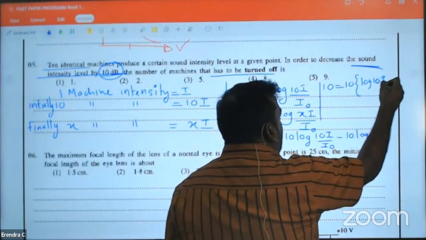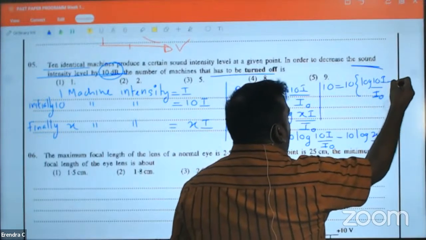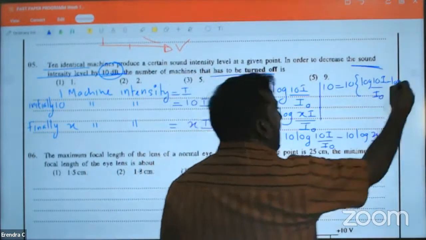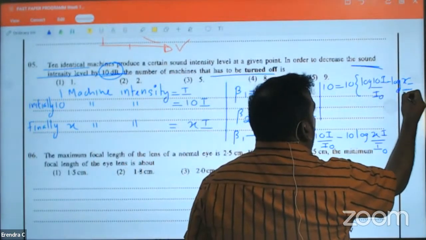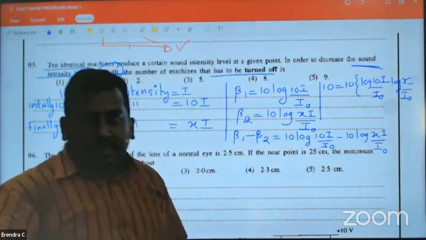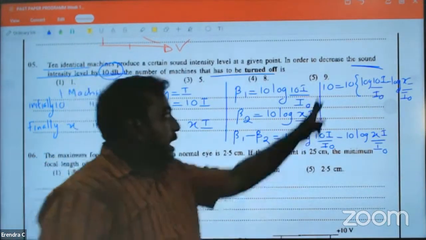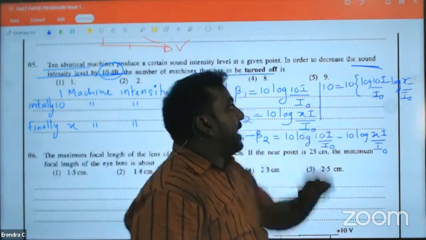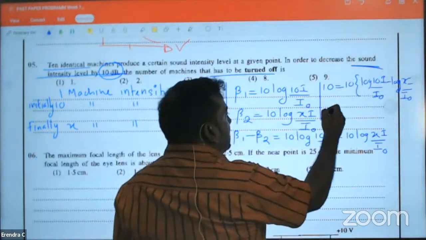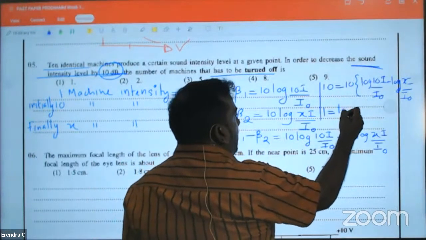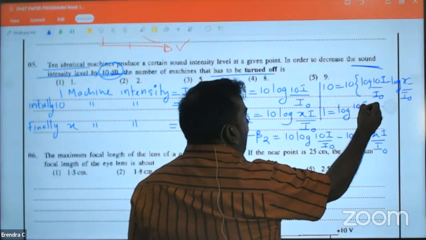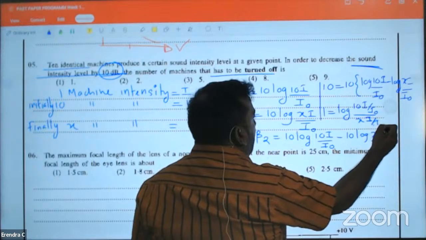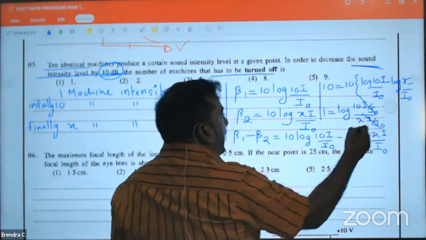Log 10I over I naught minus log XI over I naught. Log subtraction means log division. That means this divided by that. 10, 10 cancel off. I can put 1. Log division, look at this carefully: 10I over I naught divided by XI over I naught. I naught cancel off.